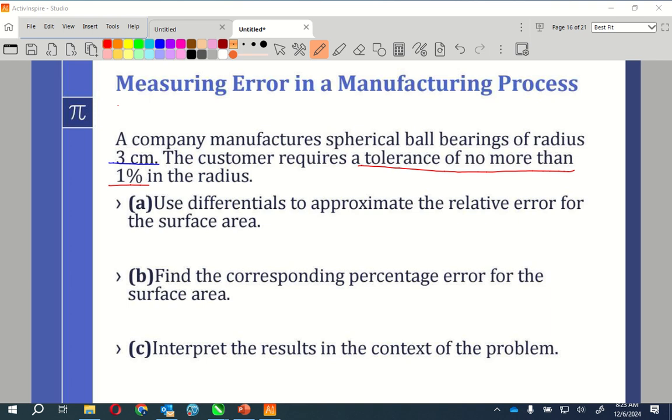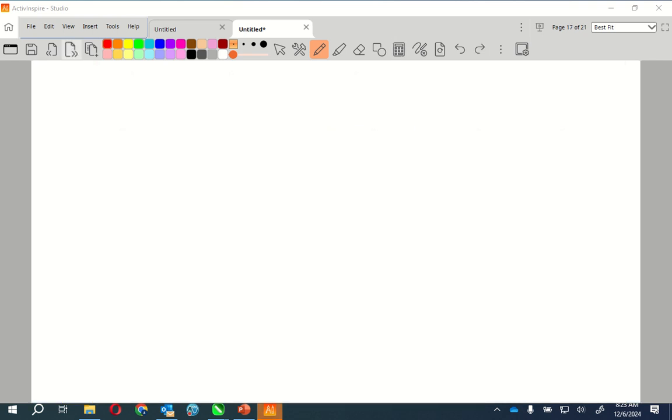So it says use differentials, approximate the relative error for the surface area. When I looked at this yesterday, I did volume first and then surface area. So the volume wasn't necessary, but we'll go to the surface area because that's what the tolerance is talking to. So of the surface area, I have my tolerance.